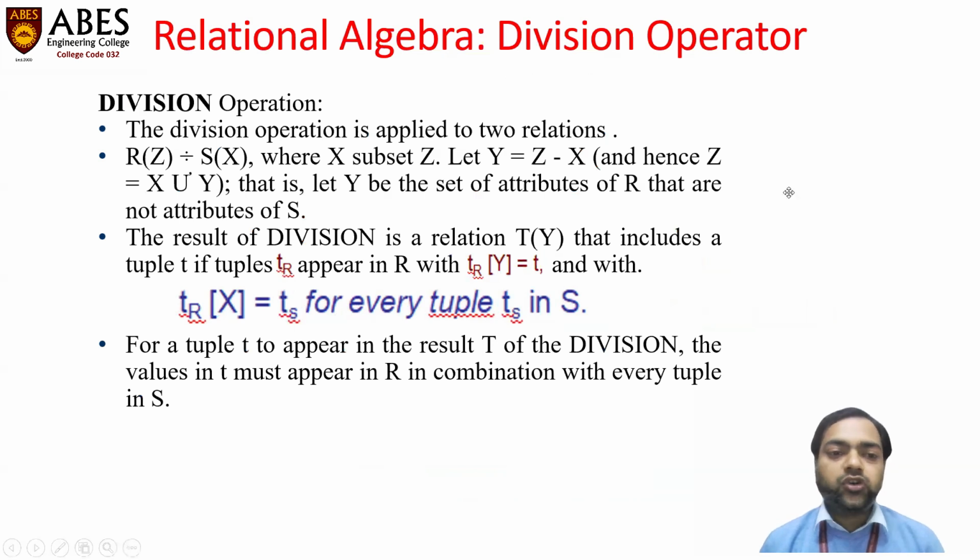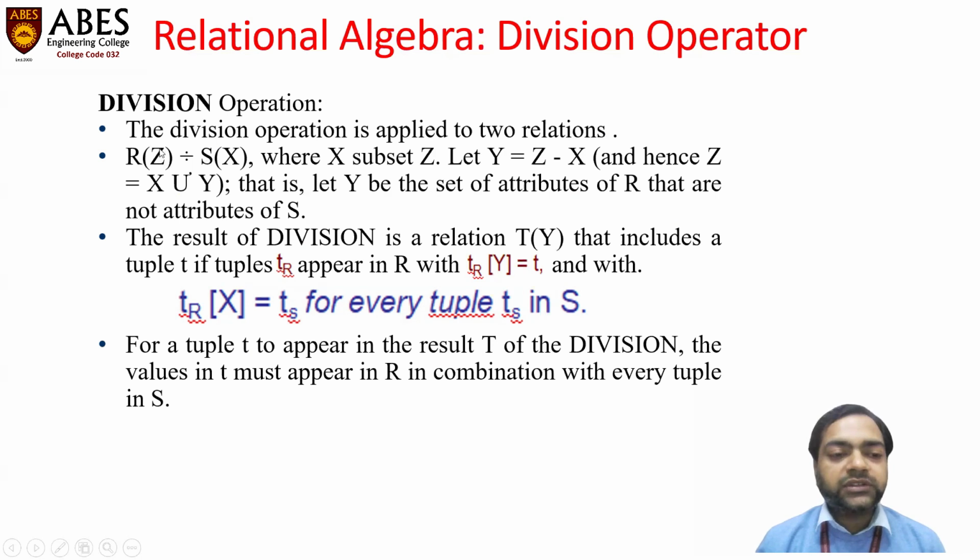This is the division operator. It is an extended relational algebra operator, and it is applied to two relations, so we require at least two relations for this operator. If we talk about the division operator, here you can see R(Z) divided by S(X).